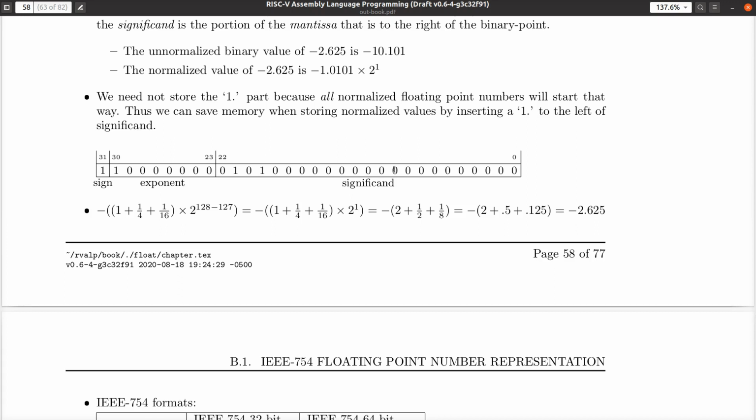You can tell which one's larger by just simply treating them as signed binary numbers, which is brilliant, quite frankly.